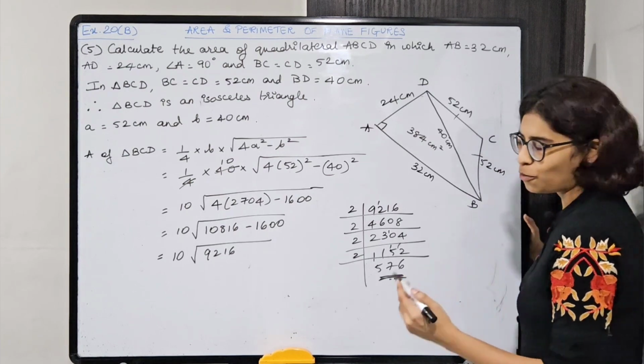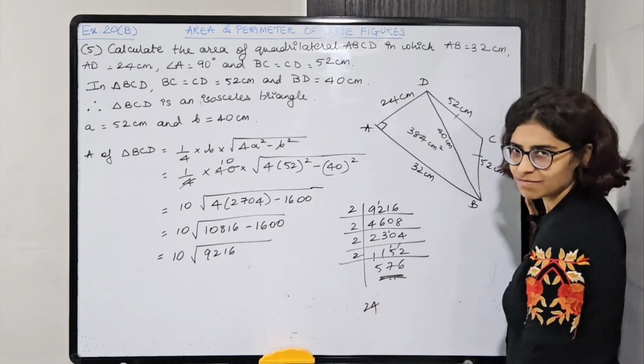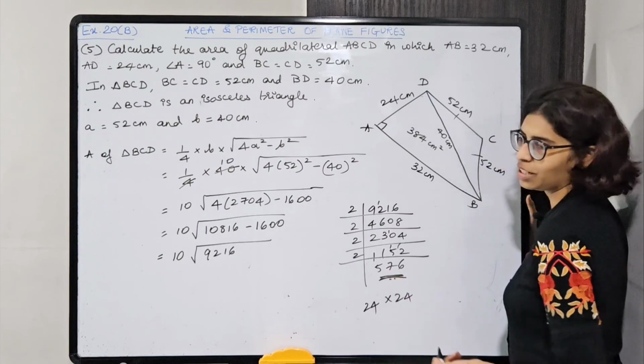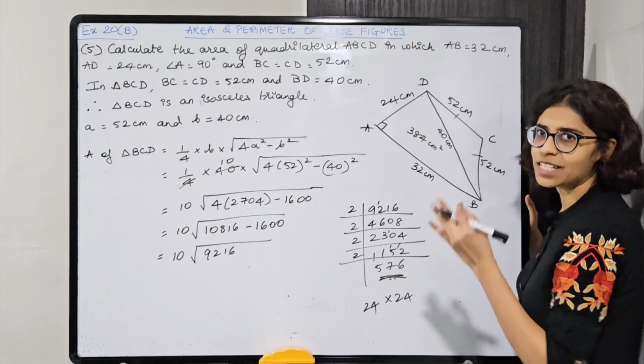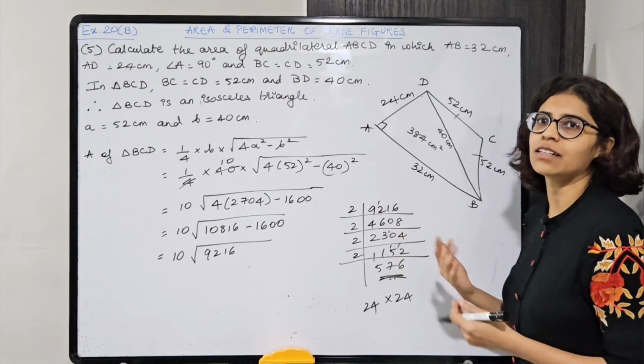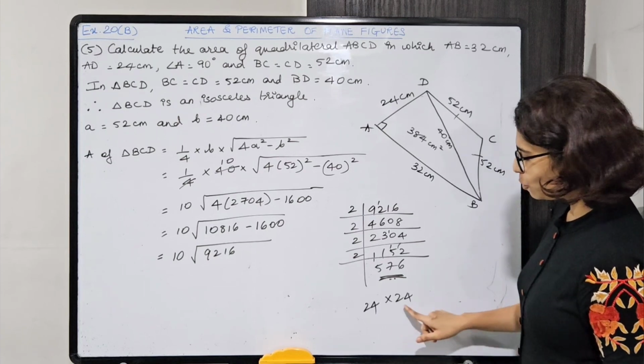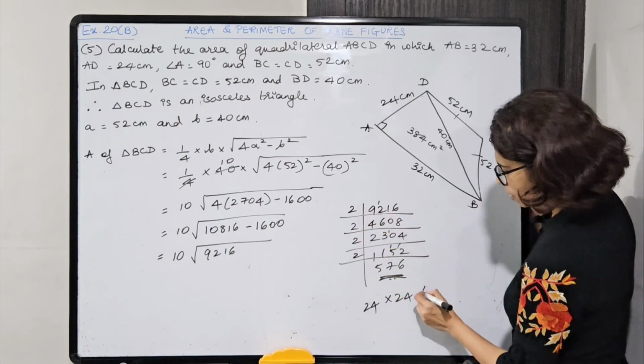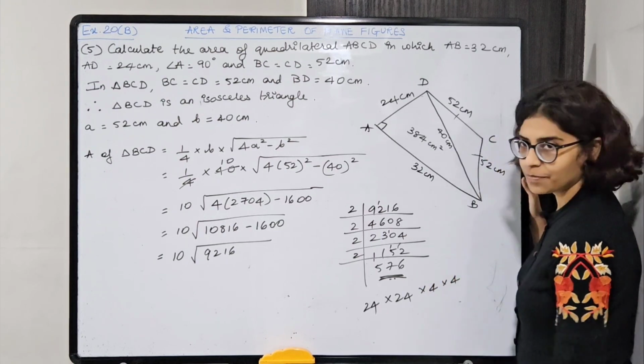It is a square of 24, correct? So 24 into 24 gives me 576. So अगर स्क्वायर्स याद है स्टूडेंट्स, आगे फैक्टराइज नहीं करना पड़ेगा. Okay, so 24 into 24 and 2 into 2 is 4, 2 into 2 is 4, so into 4 into 4, right?